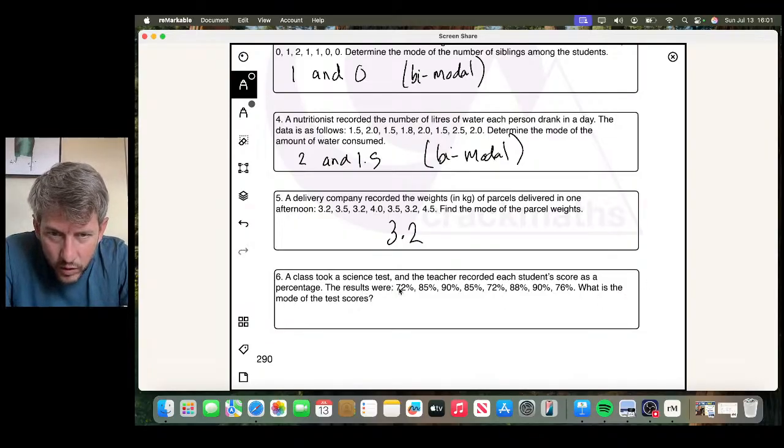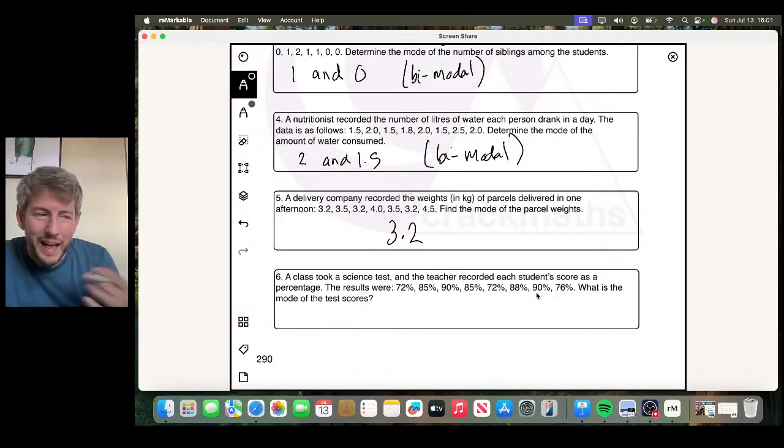Okay, so we've got 2 72s, 2 85s, 2 90s, and then a 76. Okay, fine. So that means there's actually 3 modes this time.